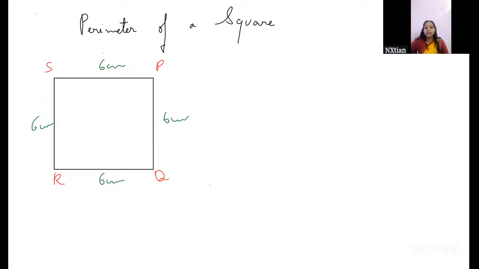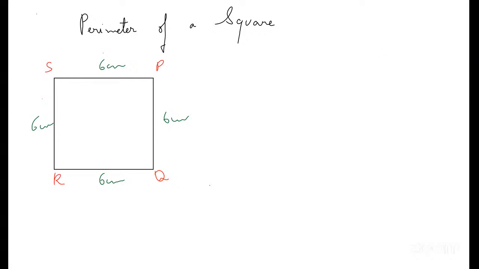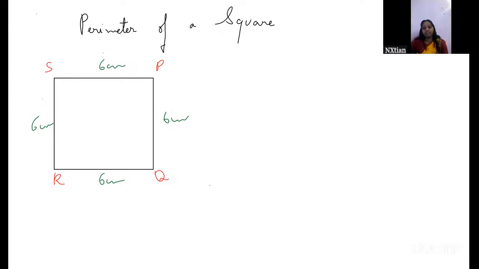But when we have bigger measures, like every side is 17 centimeter, then instead of adding, 17 into 4 is 68. Yes, that's it, 68.